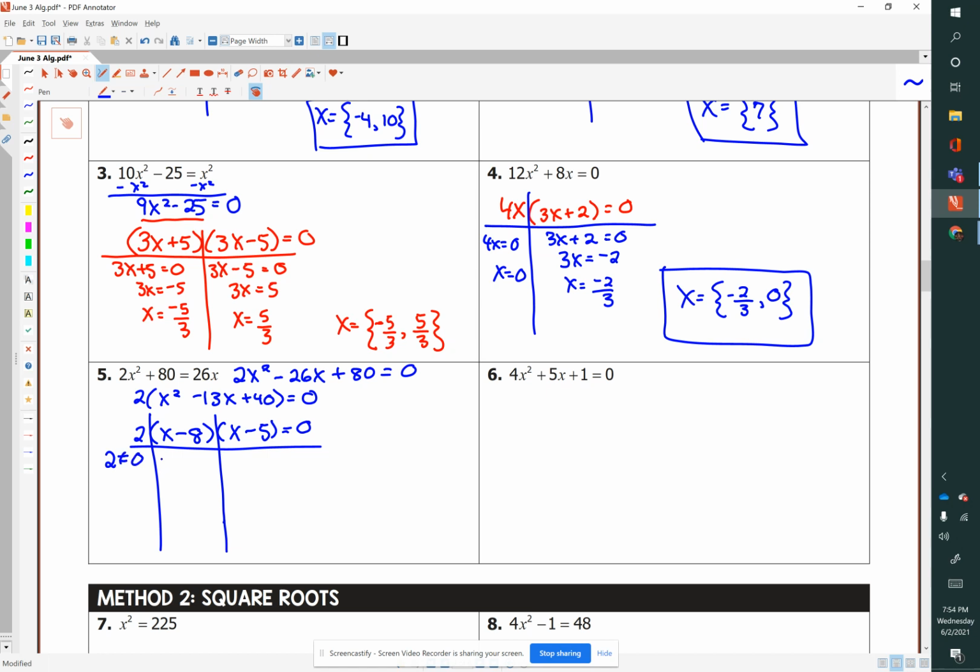We can ignore that. X minus 8 equals 0, and x minus 5 equals 0. So here x equals a positive 8. And on the right side, x equals a positive 5. So our solution set, x equals 5, 8.